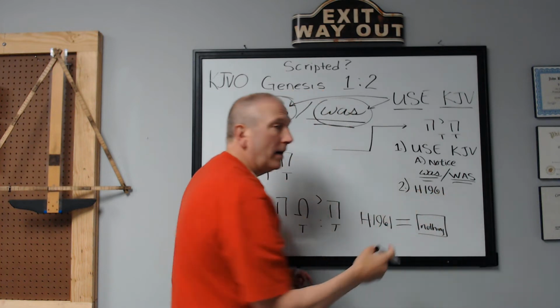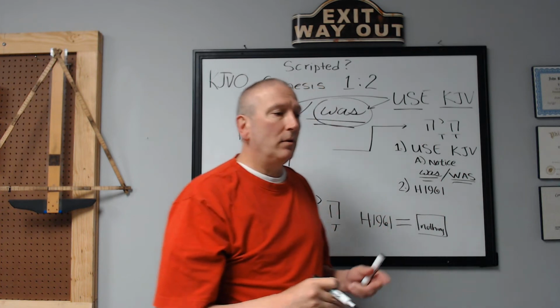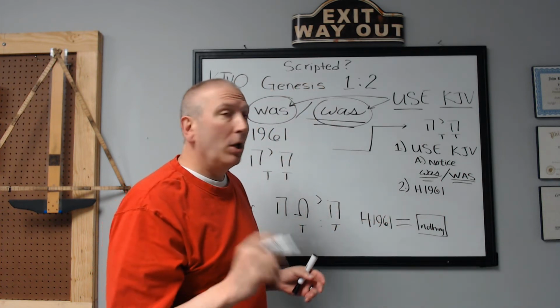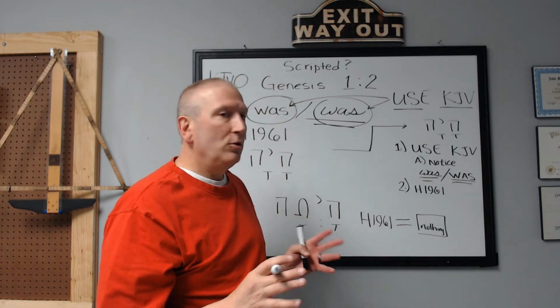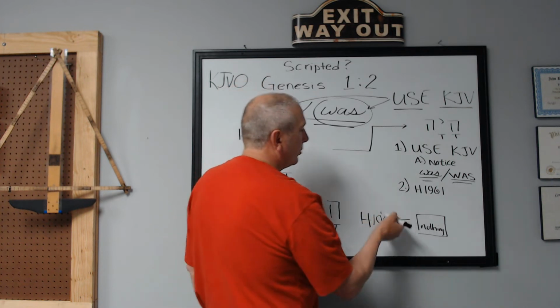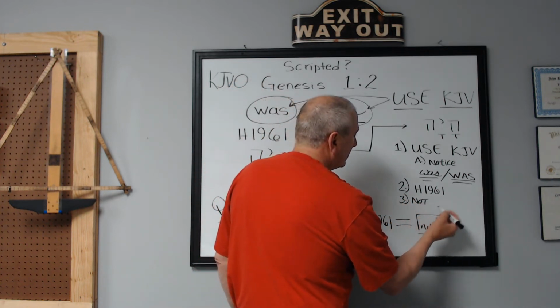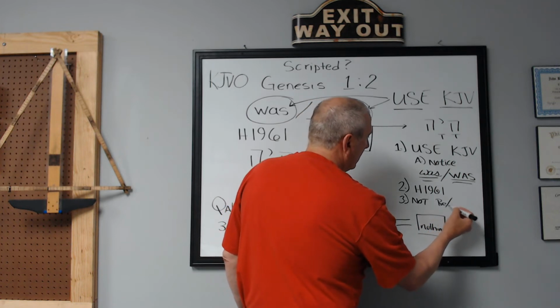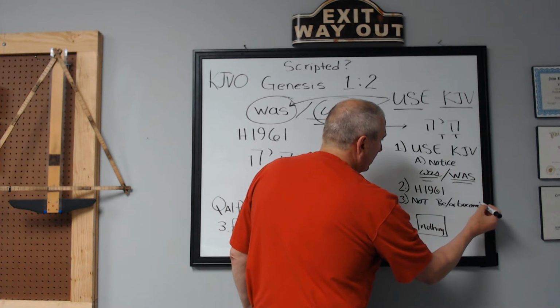And then second, you'll notice H1961. When you look that up, let's say you use a Hebrew-Greek Keyword Study Bible, or you go online to blueletterbible.org, English readers can use that. It's very user friendly. And then you'll notice that the question's not be or become. That's not even in the text.